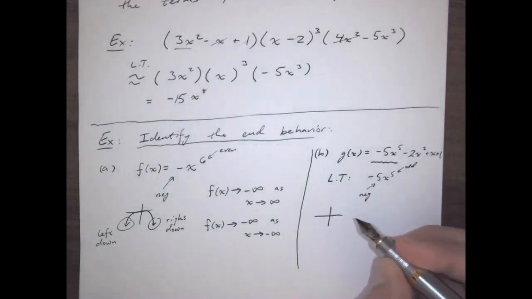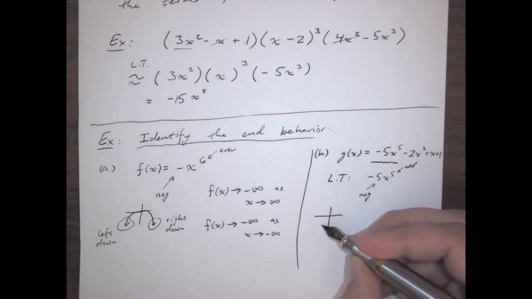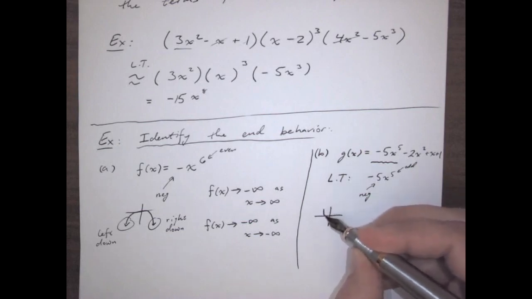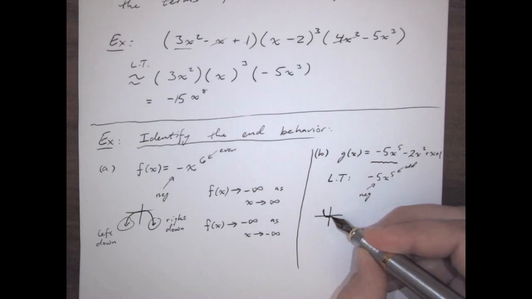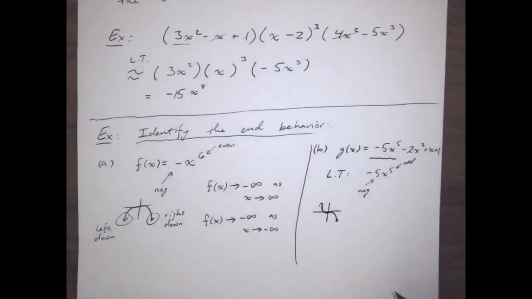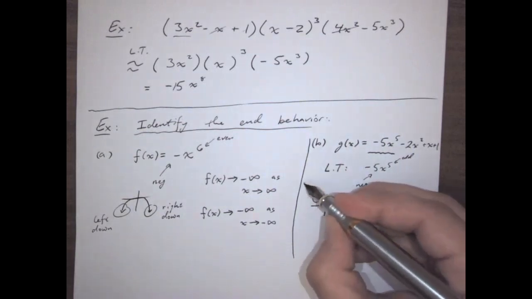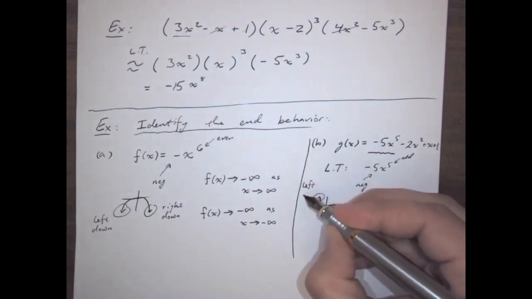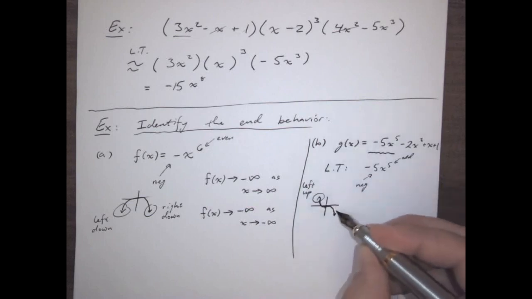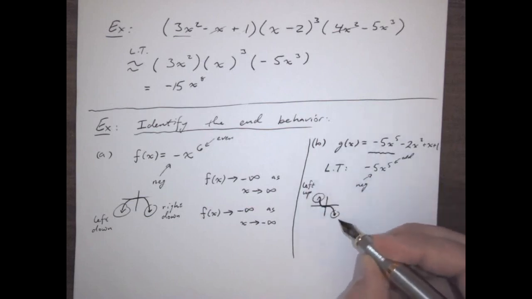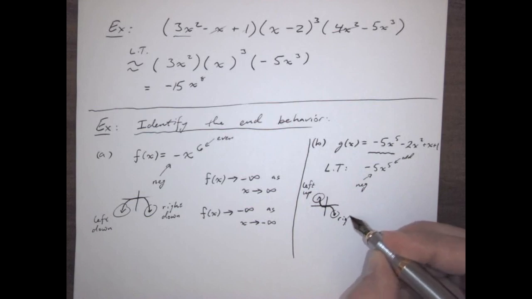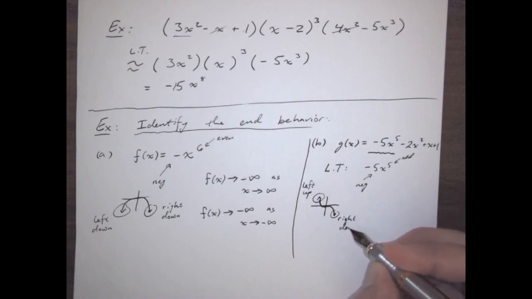Now, because it has an odd exponent, it's going to look like a cube, but because it's a negative coefficient, it's going to be like a cube that's upside down. So that means we've got one side up, one side down. This is left and up. This is right and down.